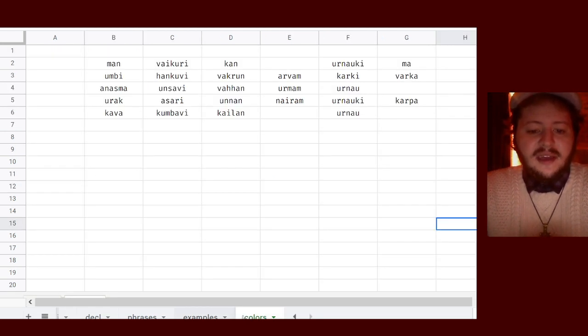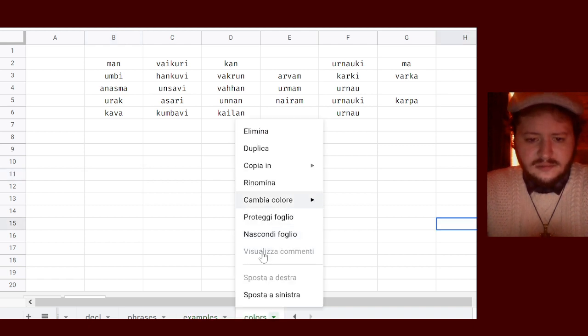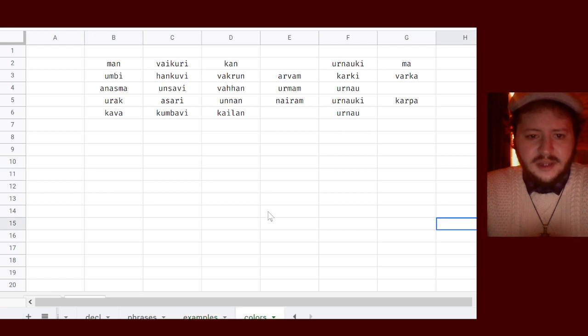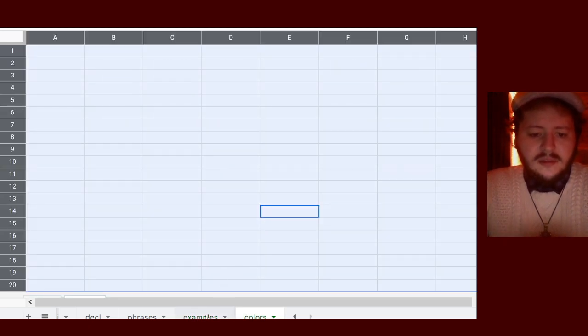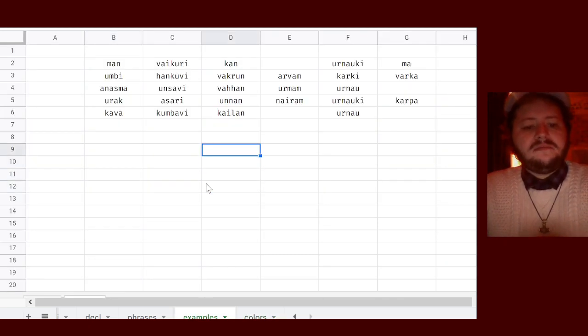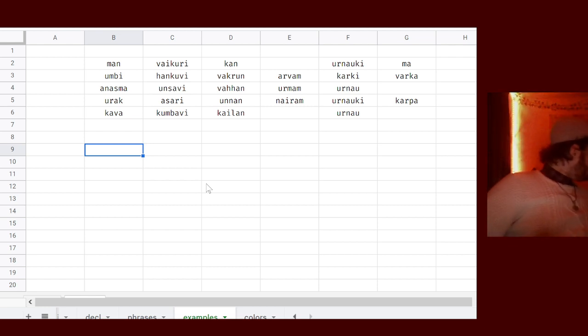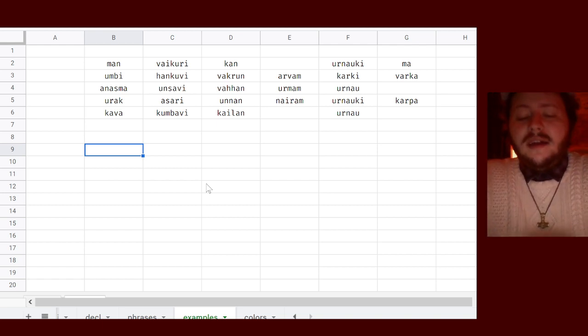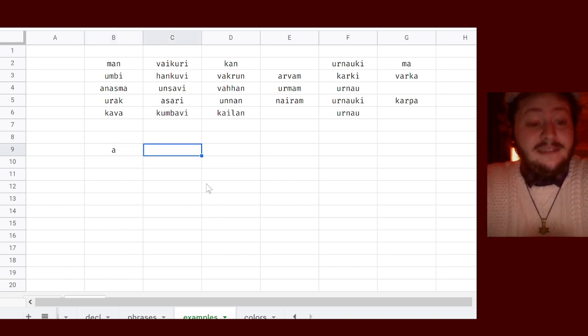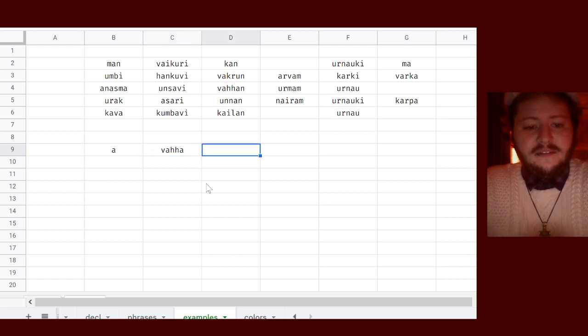And I can say, why does that have stuff? I need to make this blank. Why does this have stuff here? All right. So I is just a, that's the first person pronoun. And then bread is vaha.